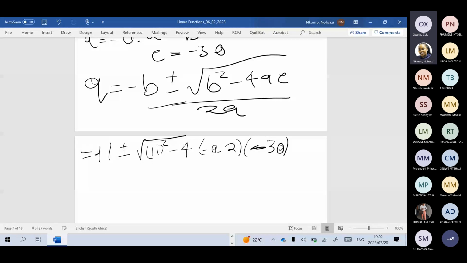I'm sure I've run out of batteries. Give me a second, I need to change the battery. Oh, okay, it's working.